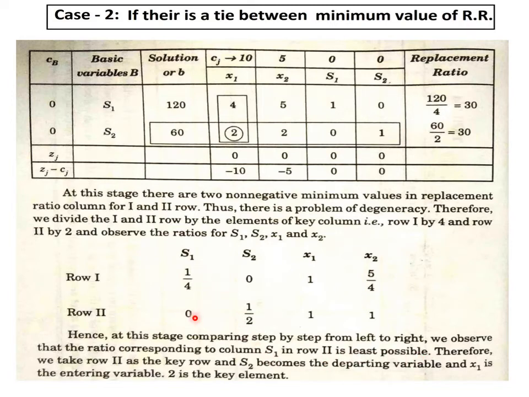So minimum value first of all comes for second row, then it is for first row, but initially it comes for second row. In this order, S1, S2, X1 and X2 are written there, and that's why second row is to be selected as key row, and by doing that S2 will be the departing variable. That's how we have to decide when there is a tie between minimum values of replacement ratio.